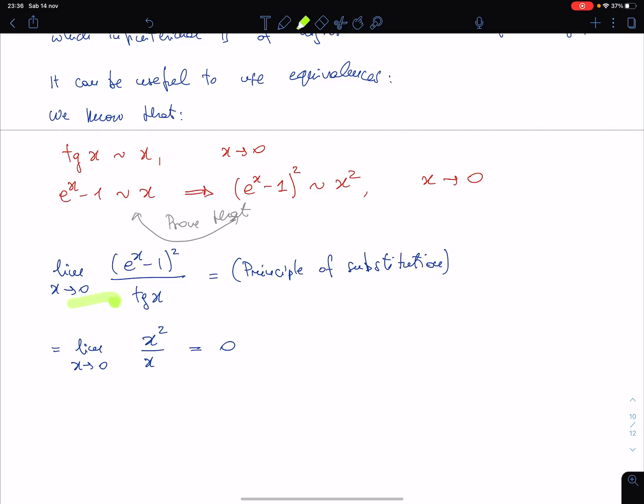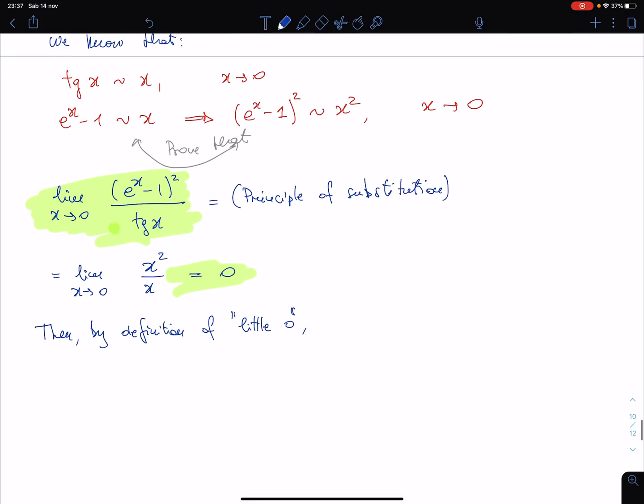Then, since this limit here is equal to 0, by definition of little o, we have that (e to the x minus 1) squared is little o of tangent of x as x goes to 0.